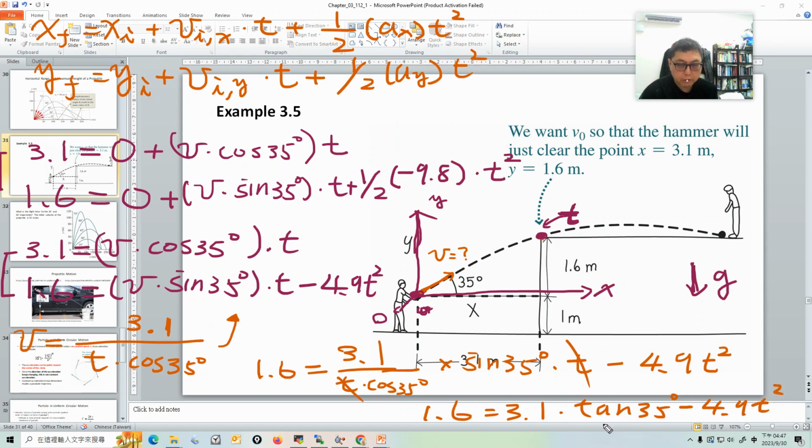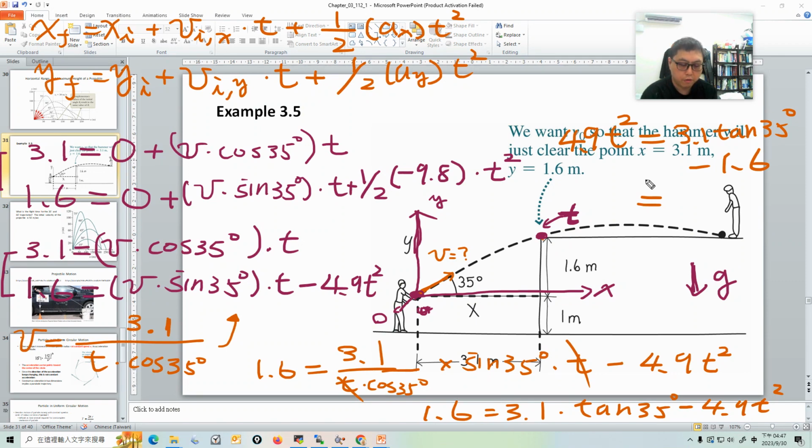So we will get 4.9 t squared equal to 3.1 tangent 35 degrees minus 1.6. I'm not sure my answer is right.